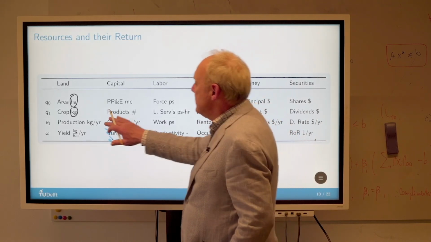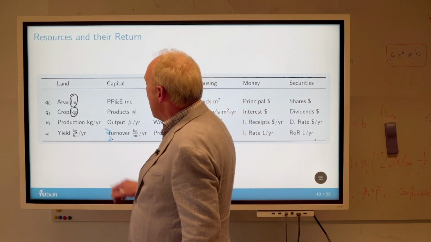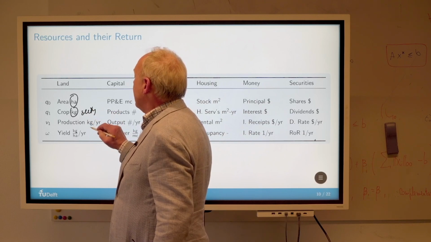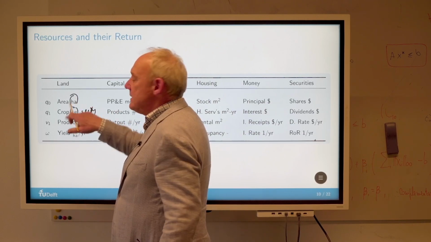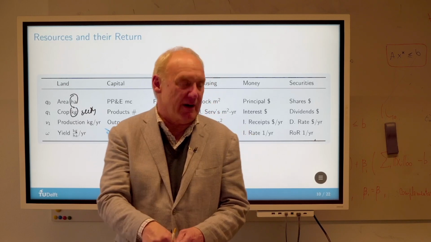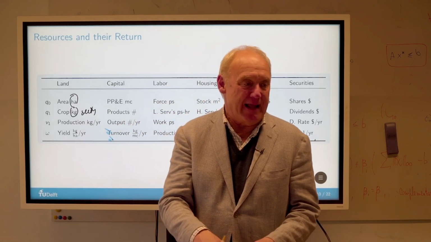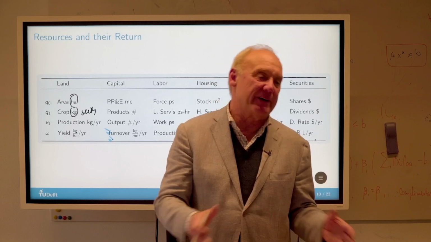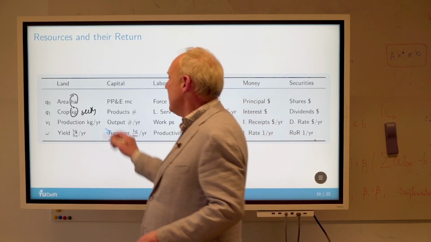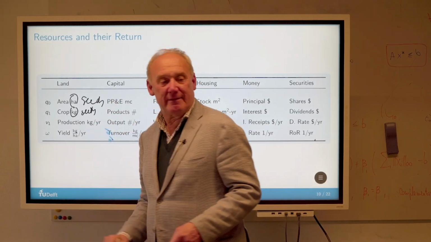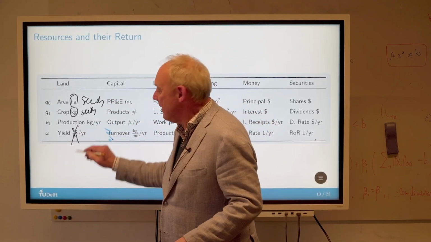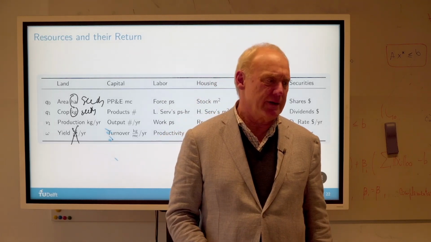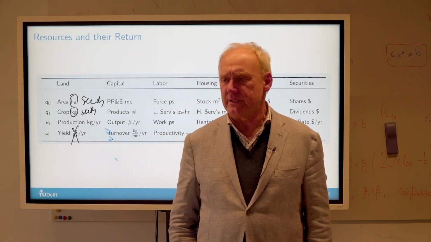And then what you do is you sort out if these are seeds, kilograms of seeds, okay, then you sort out how many seeds are needed to plant a hectare of land, and that number you use as a seed equivalent for a hectare, you see? So this will be also in seeds, and then this thing will become dimensionless, and your yield will just be 1% per year, okay? And this is how they actually do this.